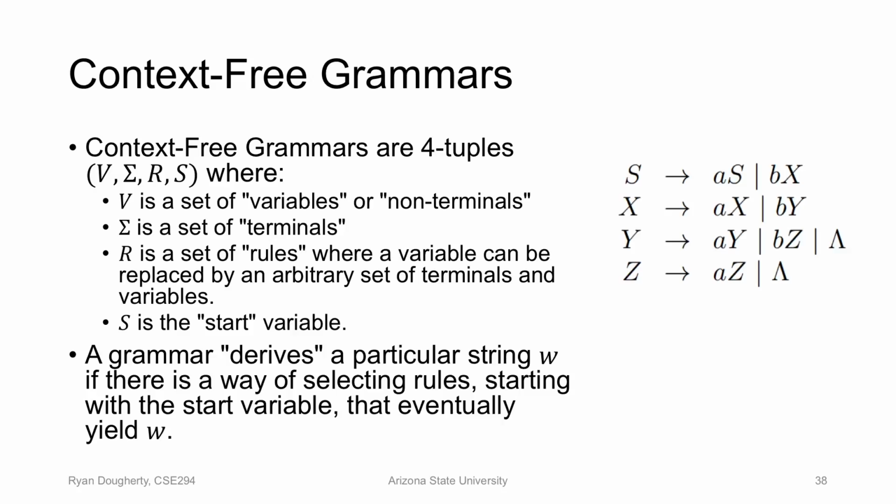And so what we're given is a string W, which consists entirely of terminals. In this grammar, it's not really specified, but the convention is that the capital letters mean the variables, and the lowercase letters mean the terminals.